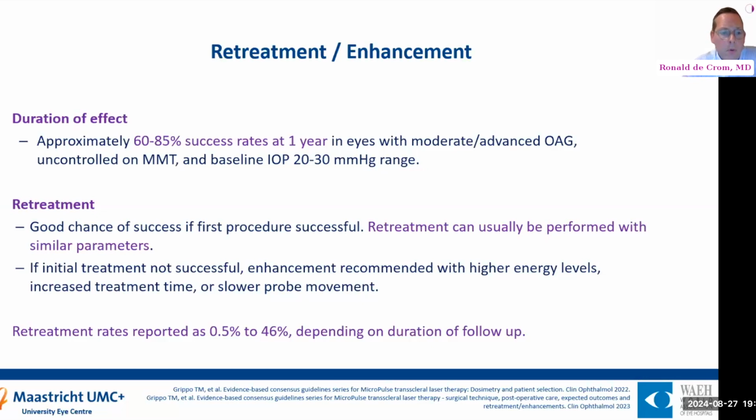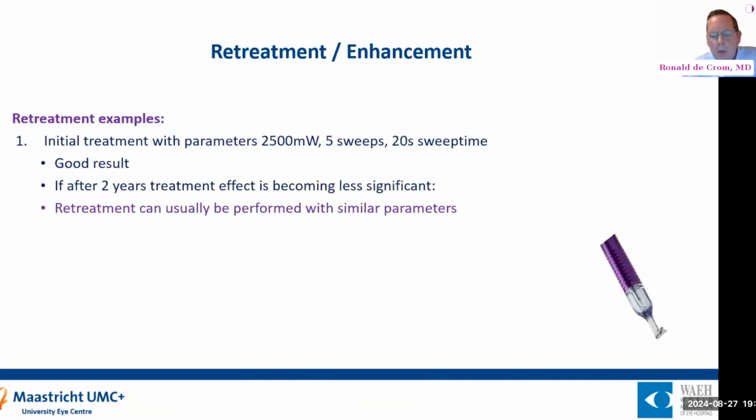Sometimes you have to perform a second treatment, and in the literature, retreatment rates are reported up to 40%. I will also give some examples about retreatments. So for example, if you treat the patient with the first treatment with the parameters you can see on this slide, the patient can get very good results.